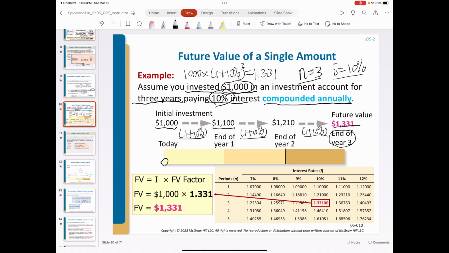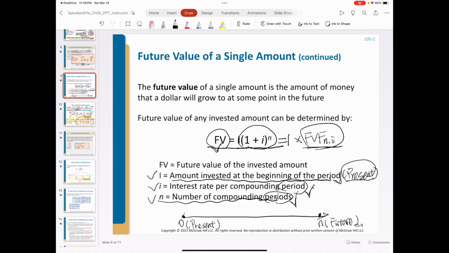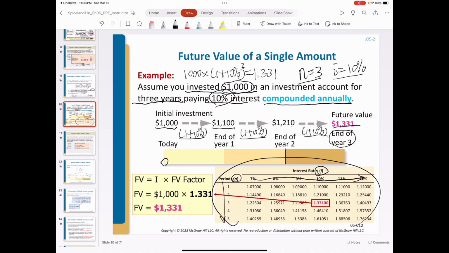Here, what I circled is part of the table. This represents the number of periods, the factor n. This represents interest per period, factor i. Based on these two factors, we can find the future value factor. And we just multiply the future value factor by the initial investment to get future value. Instead of using this formula, we can just use the table.